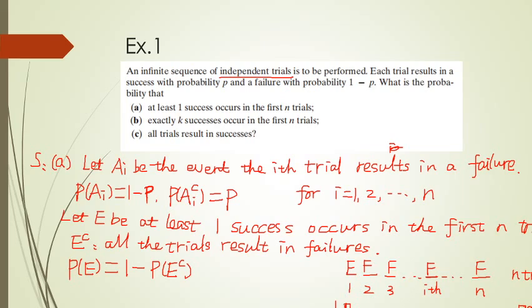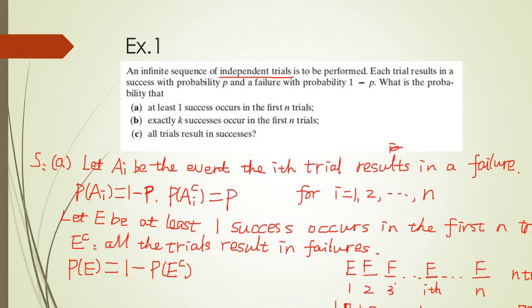So whether the first one is a failure or success does not affect the second one. They are independent. So what is the probability for the second one to be a failure? 1 minus p again, right? How about the ith one? The ith one is also 1 minus p, right? The nth one, the failure probability is also 1 minus p.